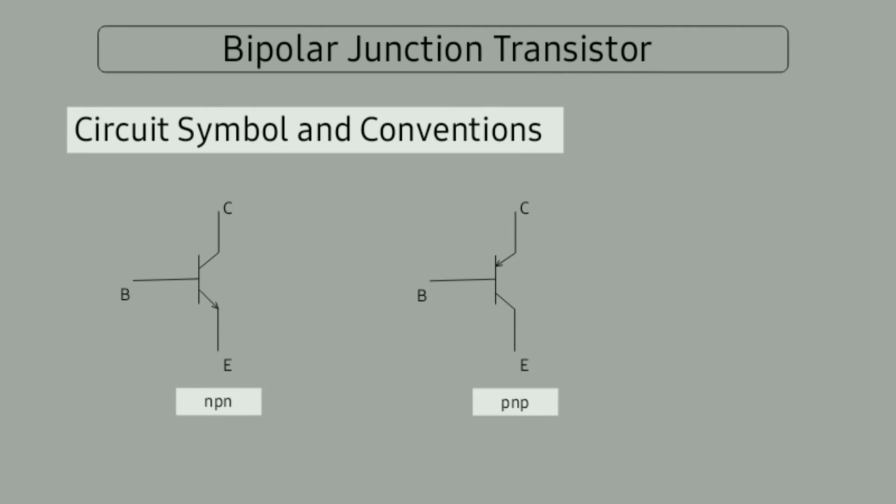Next is circuit symbol and conventions. NPN transistor symbol has an arrow pointing out, whereas in the PNP symbol the arrow points in. In an NPN transistor, the current actually flows from collector to the emitter. It is just the opposite direction of electron flow.